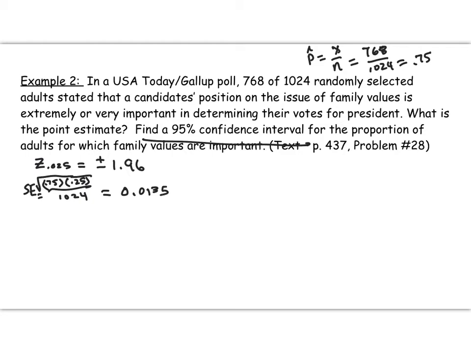Hopefully that's what you get too. So if we look at what that looks like, point estimate in the middle of 0.75, looking for the values above and below 0.75. We're going to find those using the number of standard errors away from the mean, or from our proportion, we are.